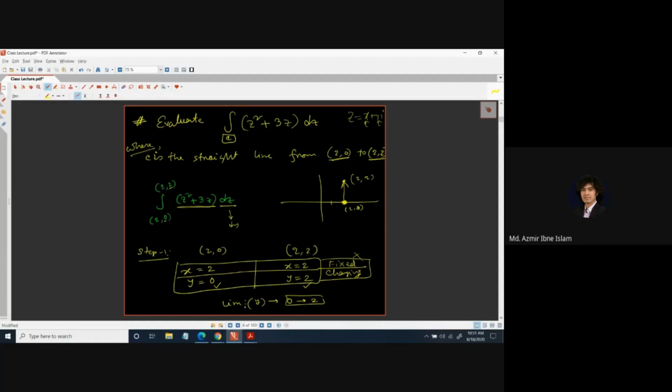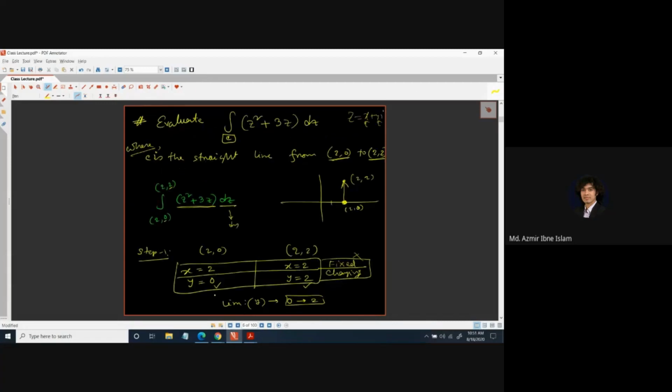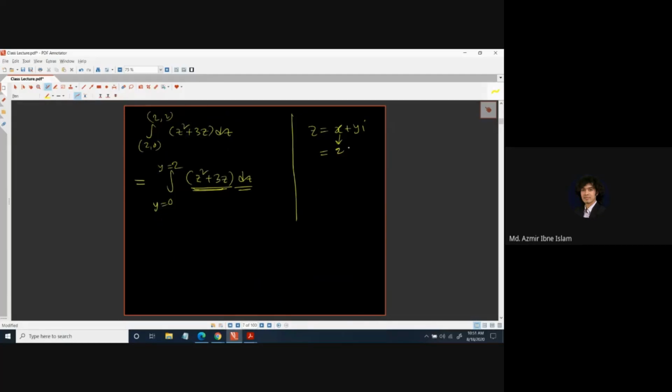We can keep x as 2 because we have the value for x. But since y is changing from 0 to 2, y is still a variable. Before differentiating, we need to input the fixed value. So z equal to 2 plus yi.